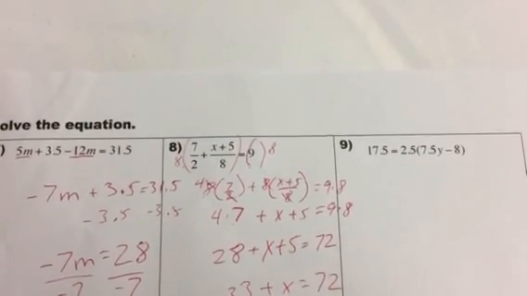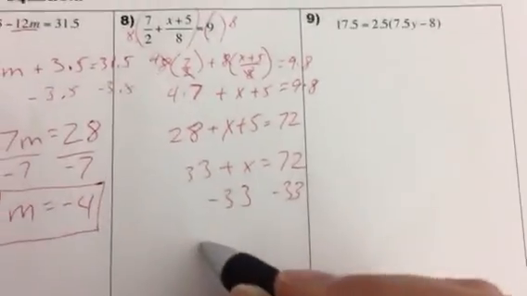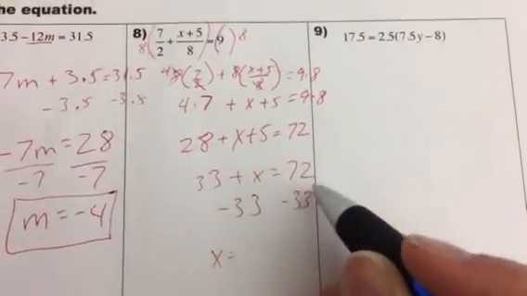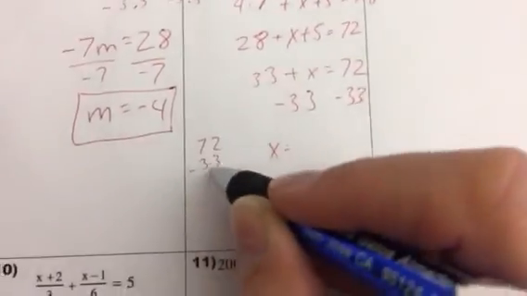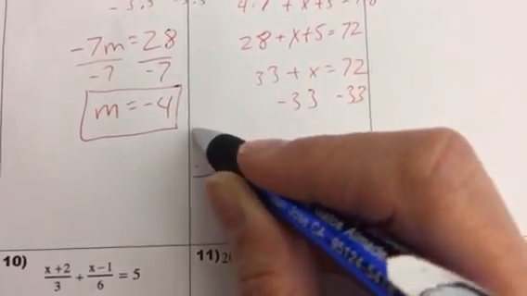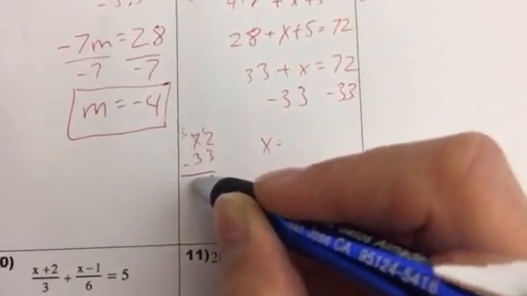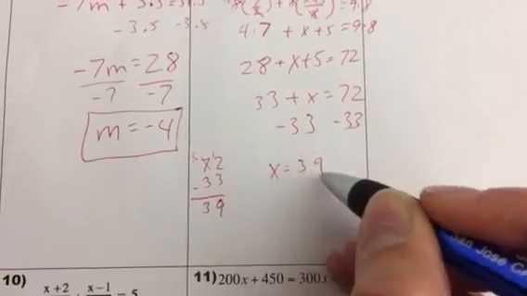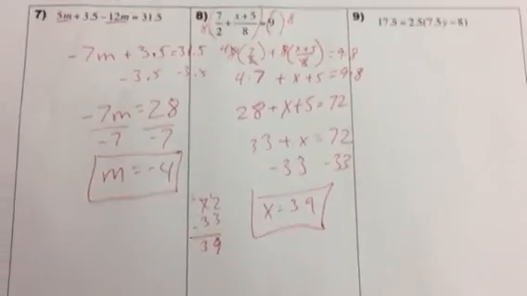And I'm going to subtract 33 from both sides, and I'll get x is equal to 72 minus 33. That is 39. X equals 39. Okay, I'm going to publish this and then make your last video.